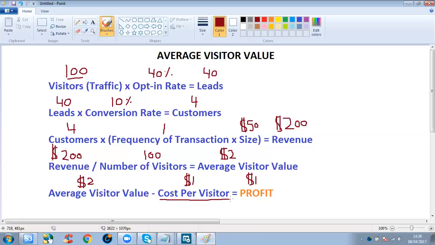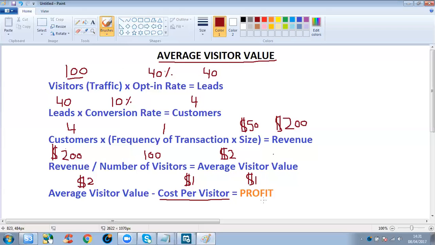So you've got to work out whether it's viable, whether it's profitable, whether it's worth your time to run this business, whether you need to increase your average visitor value from $1 to something higher, because remember, it's going to cost you either time or money for every single visitor that you get to your website. So what I want to do now is talk about the ways that you can improve your visitor value.